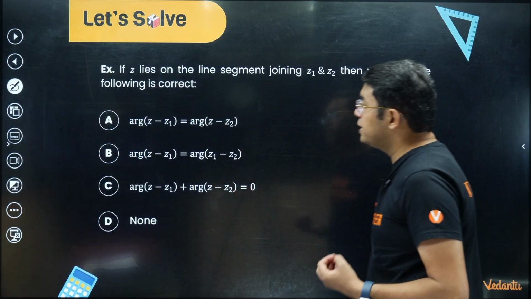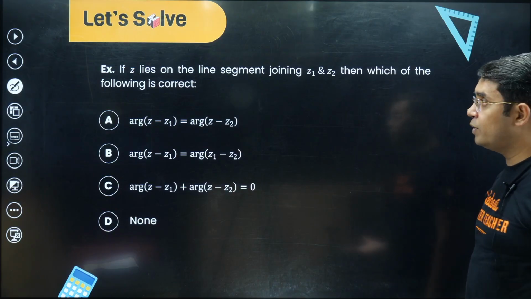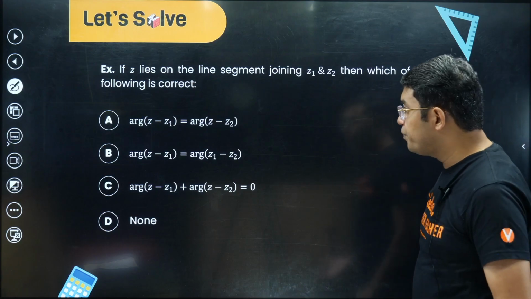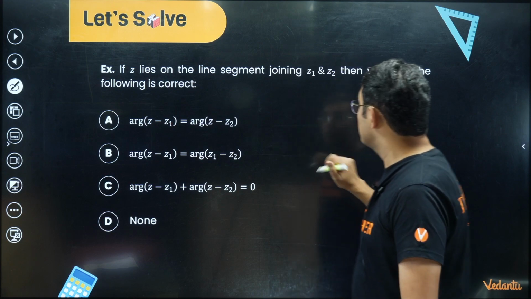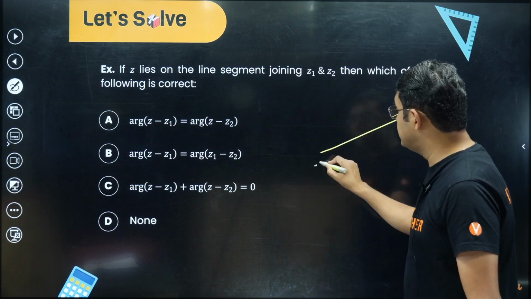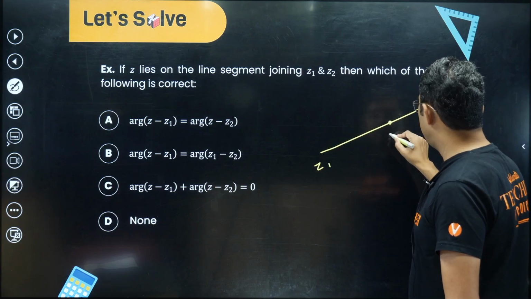So the very first question is, Z lies on the line segment Z1 Z2, then which of the following is correct? I think I have just told you. So what they are saying is Z1 and Z2, and Z is lying in between.